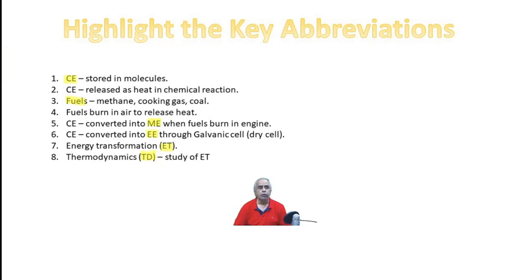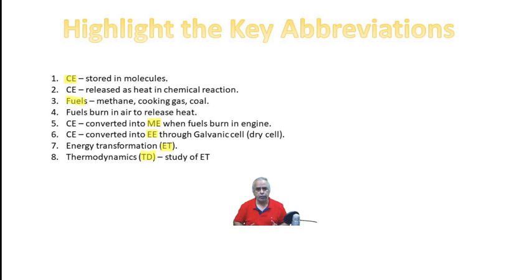Now let us highlight these key abbreviations. For instance, CE, the chemical energy stored in molecules. The same energy is released as heat in a chemical reaction. Fuels, let us highlight. Similarly, ME, mechanical energy, EE, electrical energy, ET, energy transformation, TD, thermodynamics.